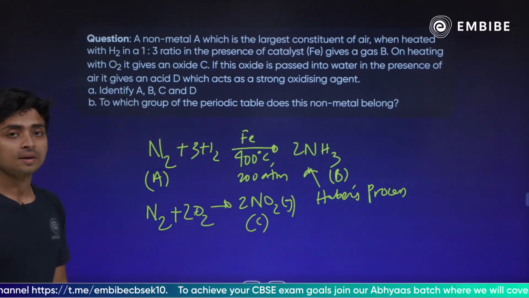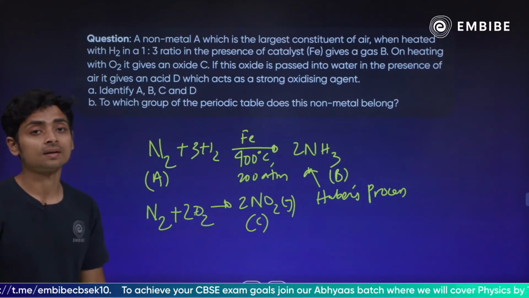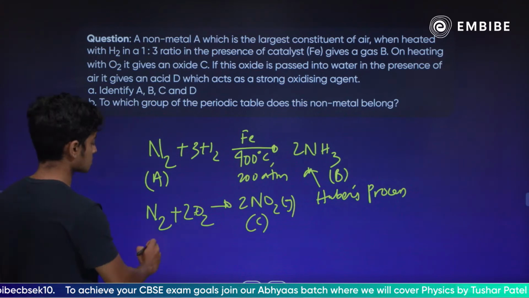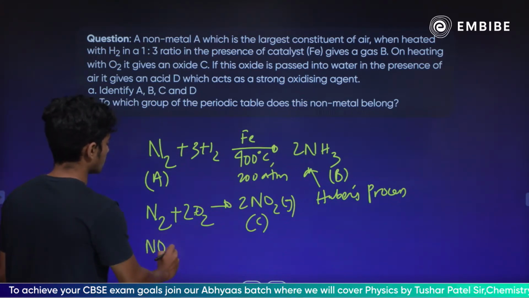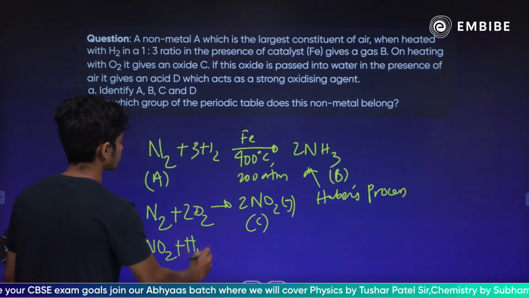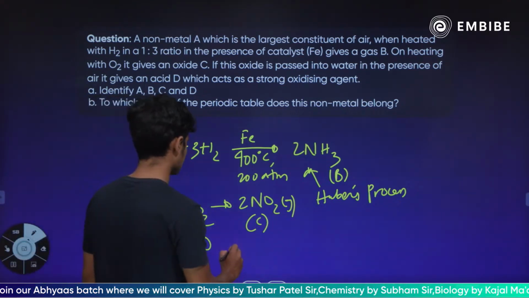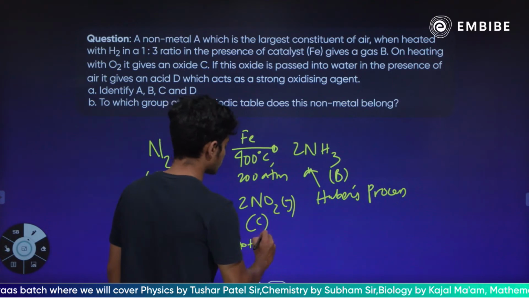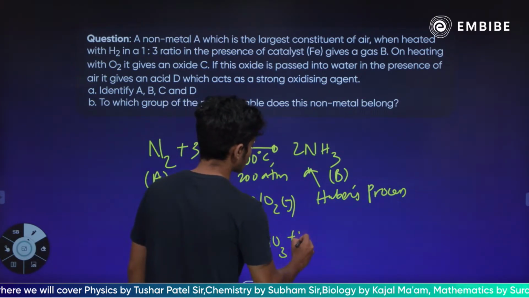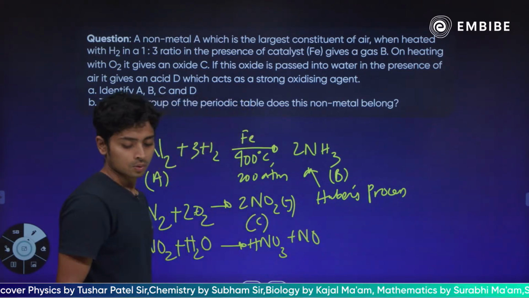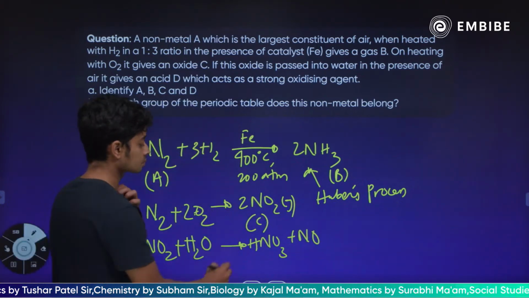The nitrogen dioxide, when passed through water, gives you nitric acid. So NO2 gas, when passed through water, gives me HNO3 plus nitrogen monoxide also. So this is my reaction.